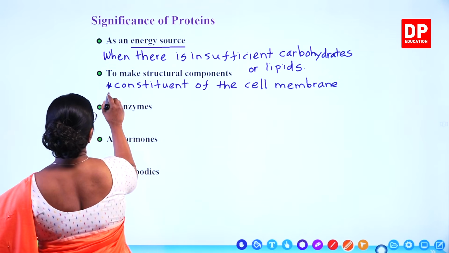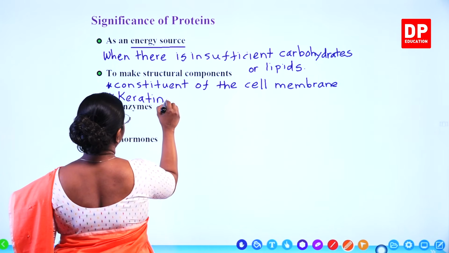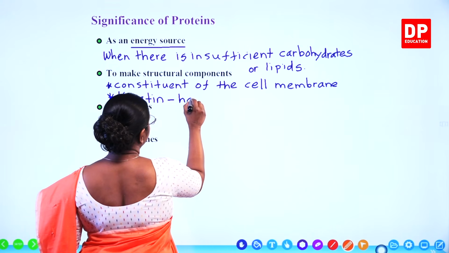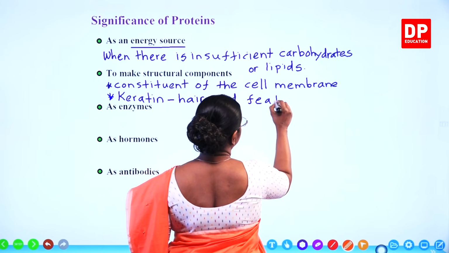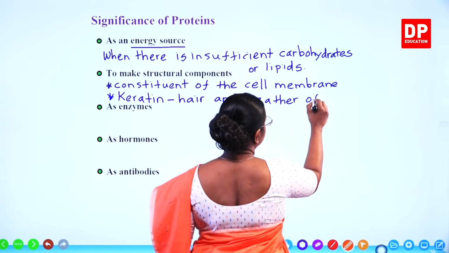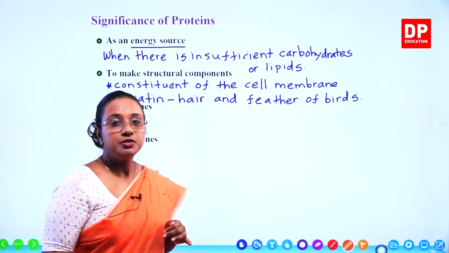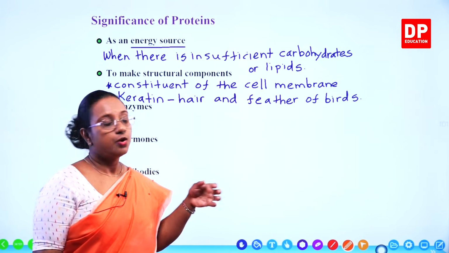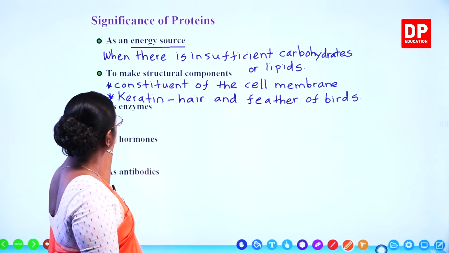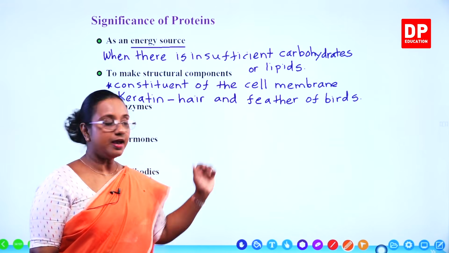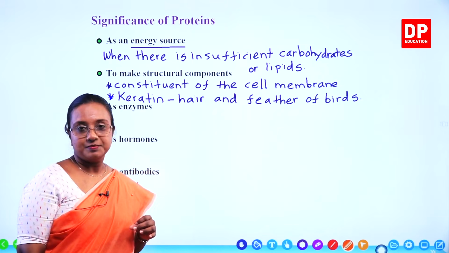So, here another example, keratin. It is present in hair and feather of birds. So, there are two types of proteins. One type as a constituent in the cell membrane, the other type keratin that is present in hair as well as feather of birds. As enzymes.